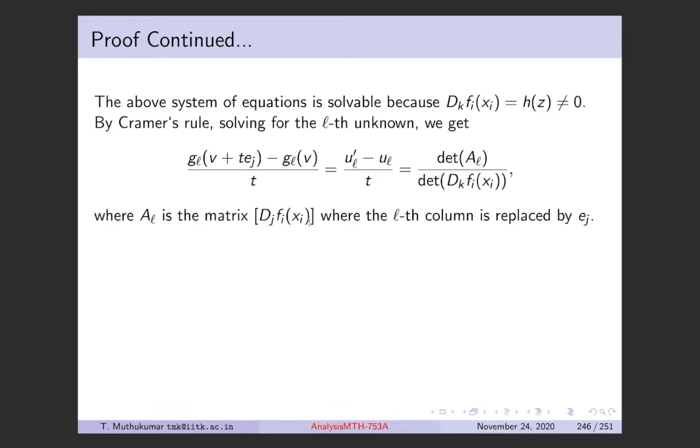That's the part which is part of Cramer's rule. And this is precisely where u_l prime and u_l are defined, which is g_l of this.